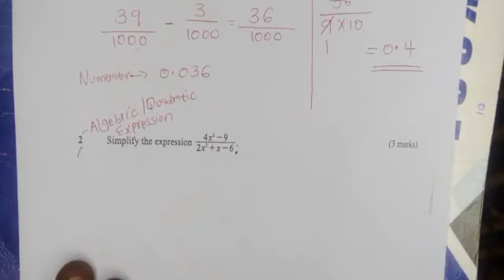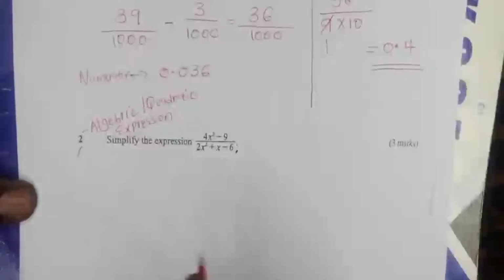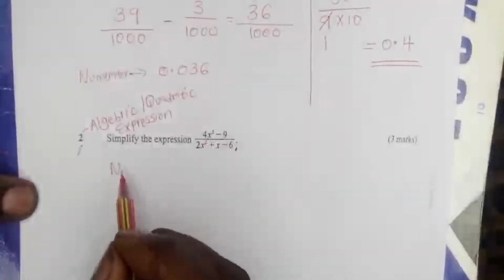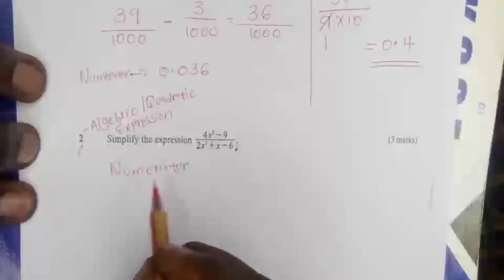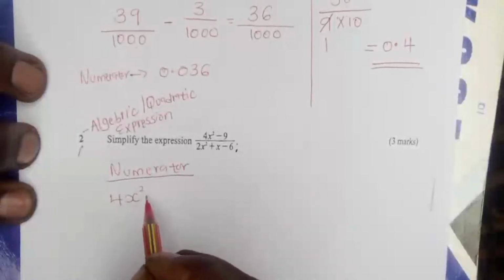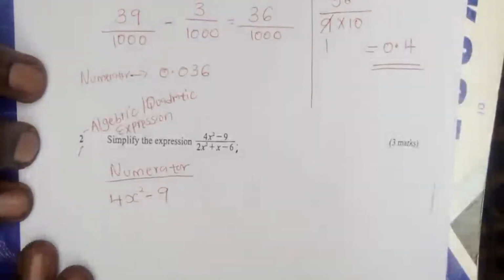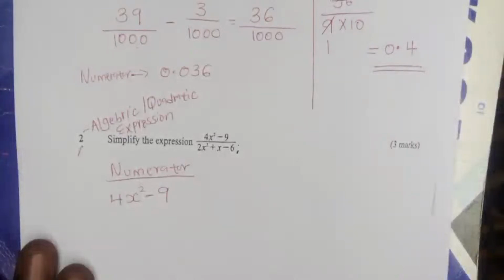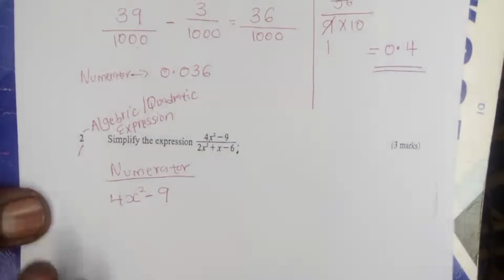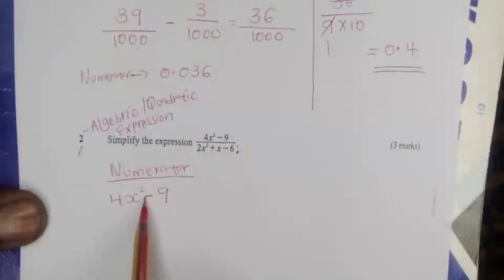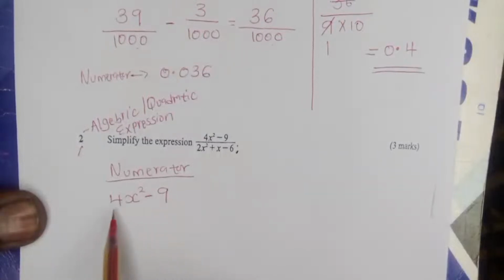You are told that in the first part, simplify the expression. So on the numerator, we have 4x squared minus 9. So we are going to consider a rule under quadratics, which we call the third law of quadratics, where if a number has a negative sign in the middle and the two numbers are square numbers, what you're supposed to do is find their square roots.